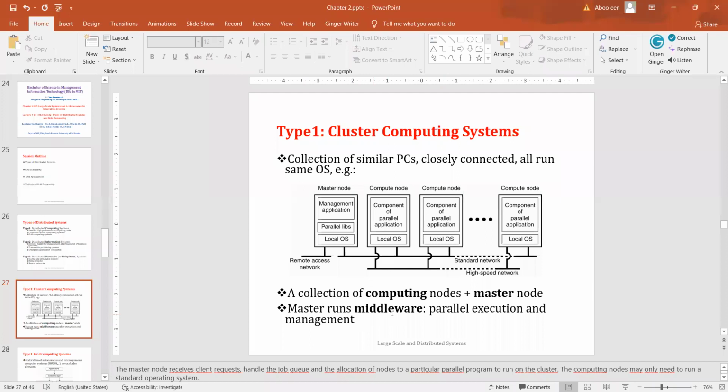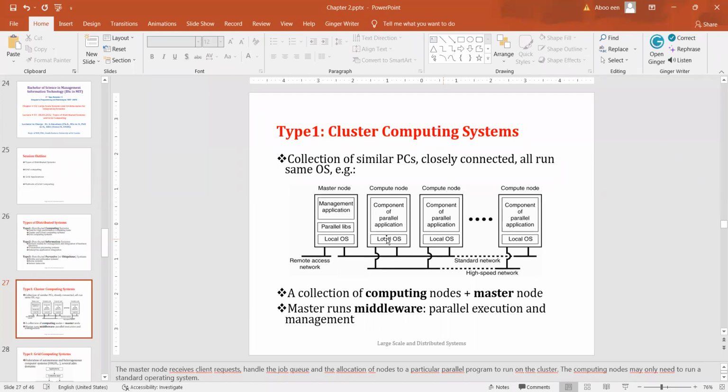The master node can run middleware, parallel execution, and management. All these compute nodes can do functions like computation, calculation, analysis, modeling, forecasting, or computational tasks.